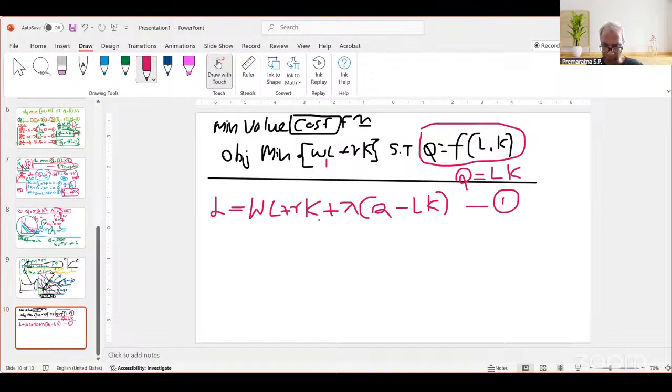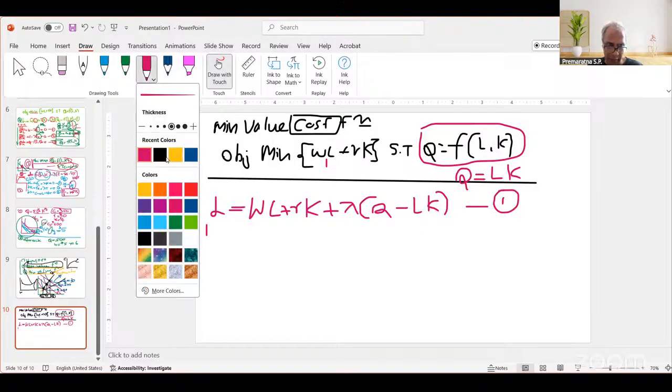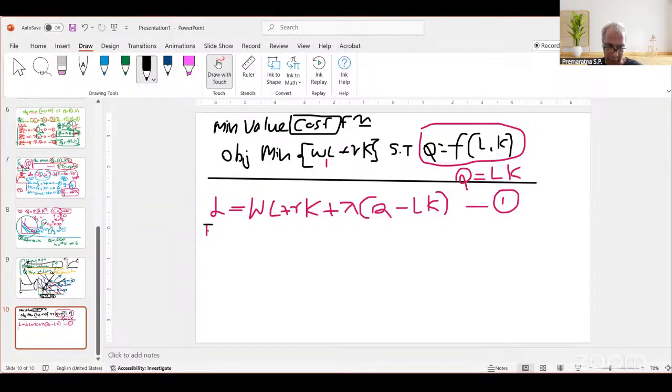Now, like previously, what we did, we need the optimal point, the first order condition. There we differentiate with respect to the unknown or decision variables.